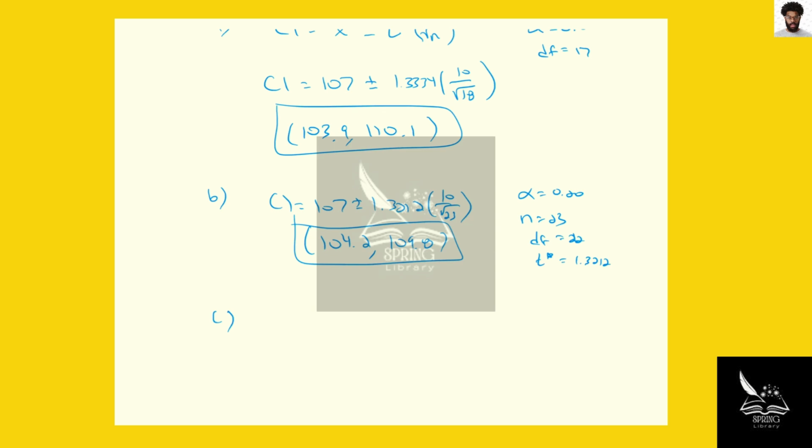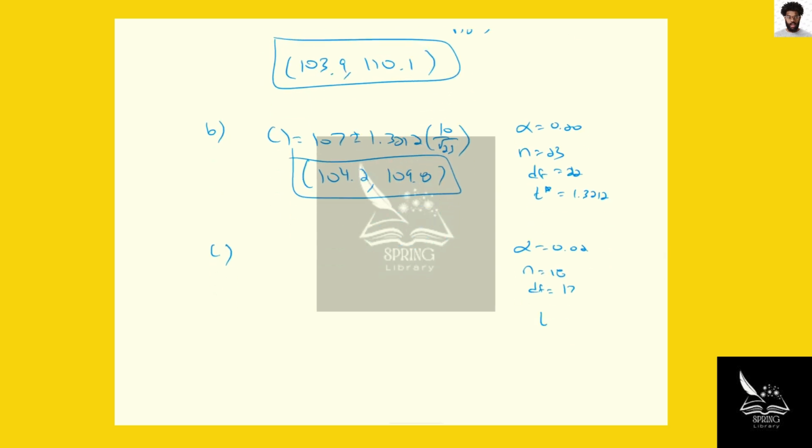And C, construct a 98% confidence interval, so alpha is 0.02 with a size of 18, so degrees of freedom are 17, and the critical t at that level is 2.5669.